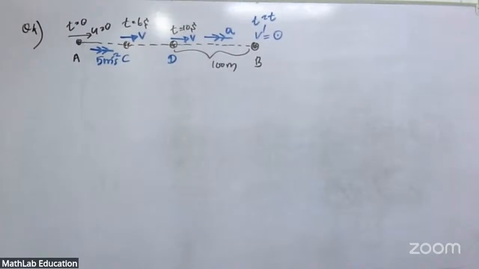Acceleration is the rate of change of velocity, right? Uniform velocity means there is no change of velocity, because uniform means it remains constant. So since there is no change, if there is a uniform velocity, acceleration becomes zero, no acceleration. It is accelerated from here to here only.